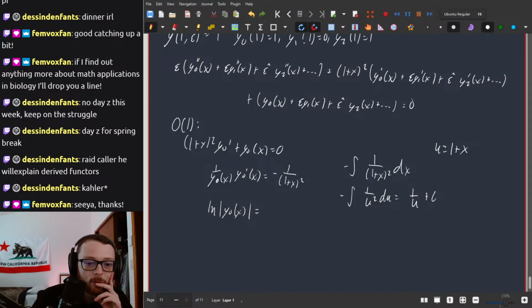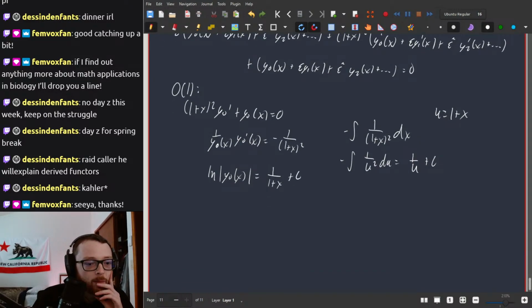I was probably going to do a cube, so that's why I needed to write this out. So 1 over 1 plus x plus c. And then we take e to the power of each side. Then I'm going to bring that constant down, call it c tilde.